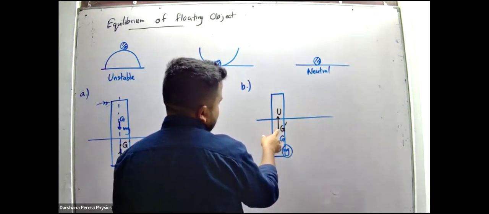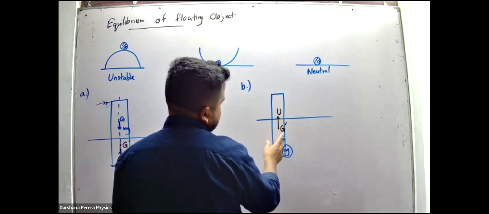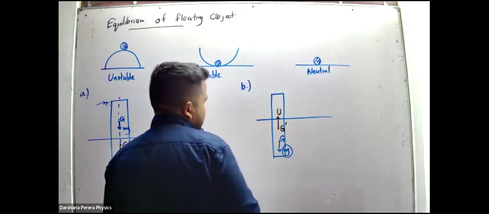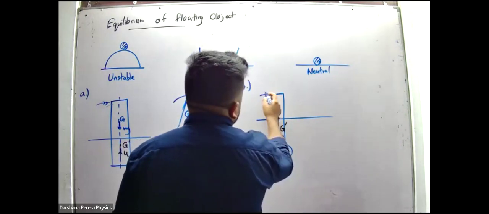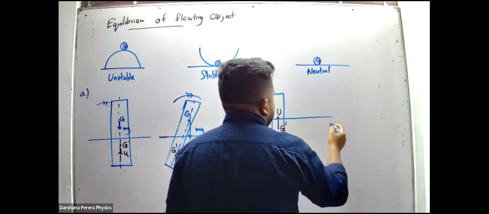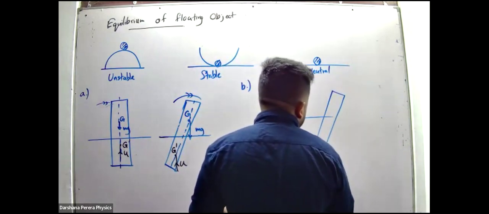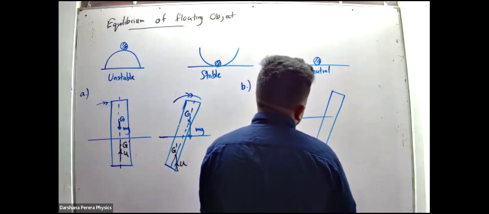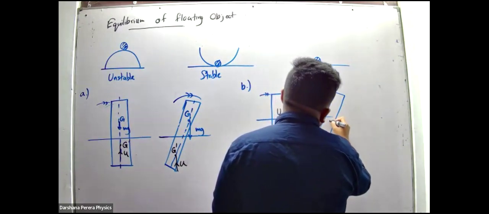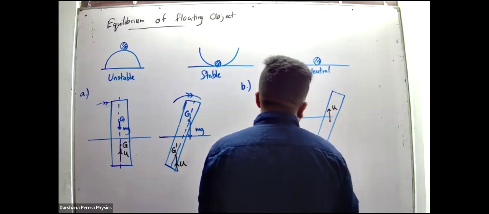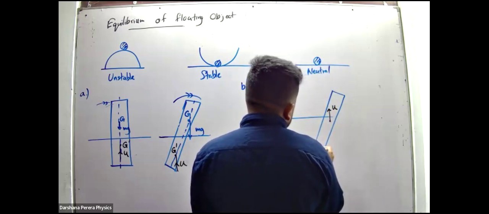So G dash is in the upper part of the body. If we give a small angular displacement, it bends like this, but U acts in this direction, and mg acts in the downward direction.